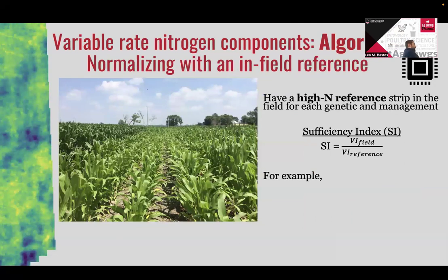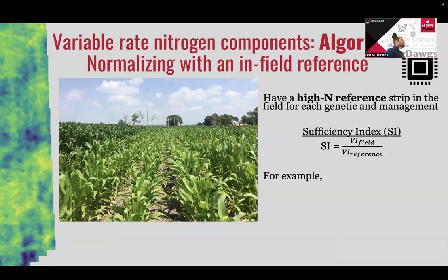One of the ways that some algorithms address these issues is by using some type of normalization based on the field itself. What do I mean by that? For this to work, you have to have a high nitrogen reference in your field. That is normally a part of the field, at least in research, where you would apply a higher nitrogen rate and you would know for sure that part of the field is not nitrogen deficient.